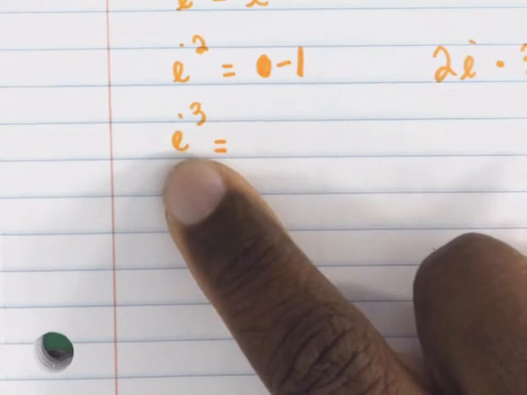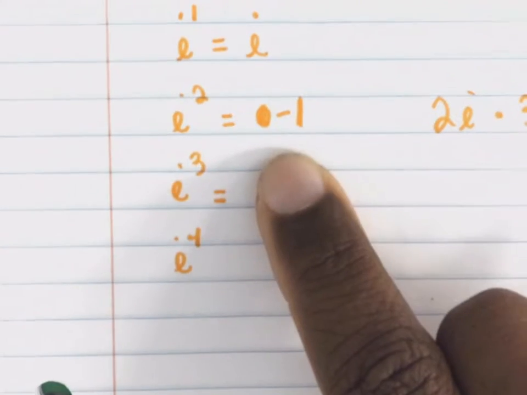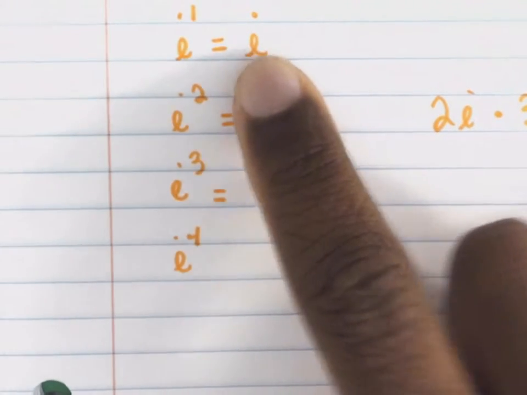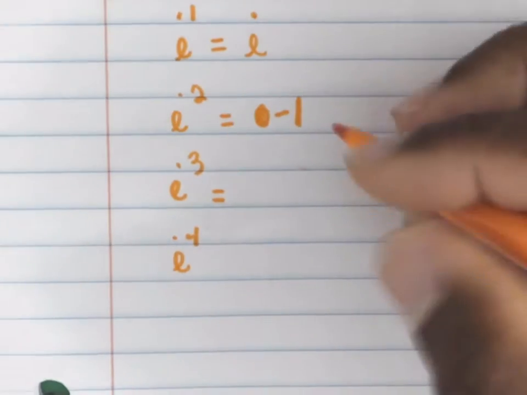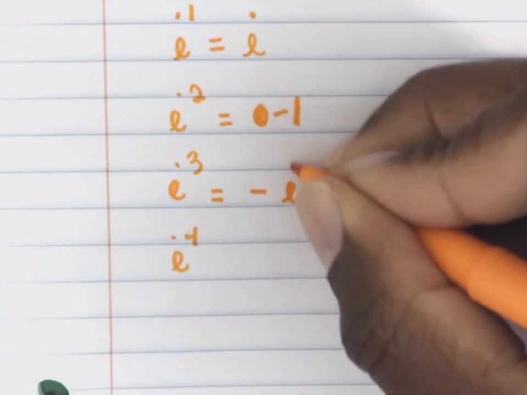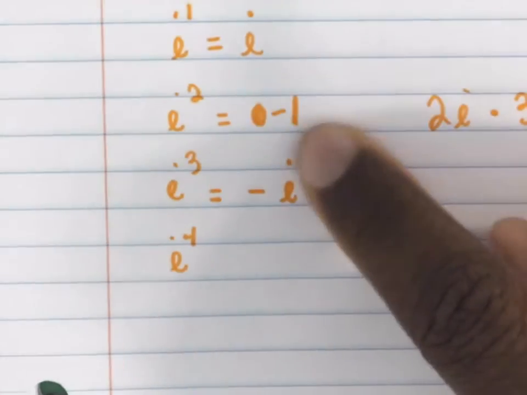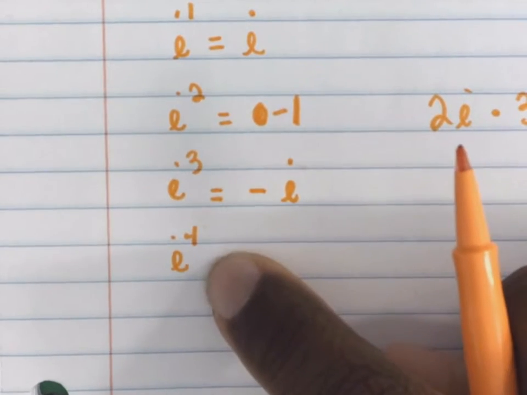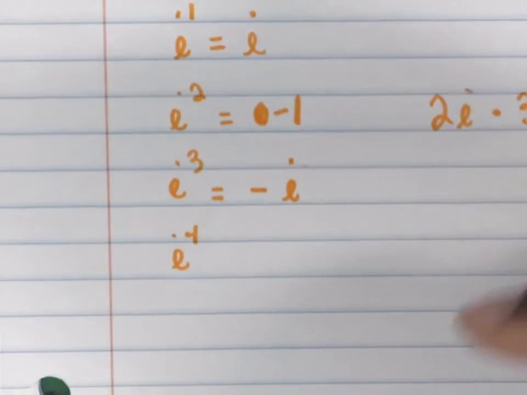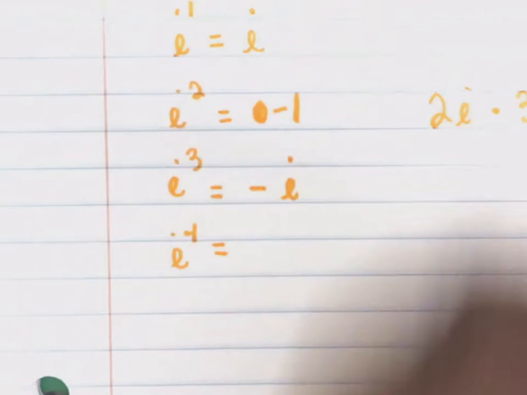Whenever you have I cubed, it's really negative 1 times I, because it would be I squared plus 1 more. So we just write that as negative I, because it's negative 1 times the I. Everybody see that? And then if you have I to the fourth power, any guesses?